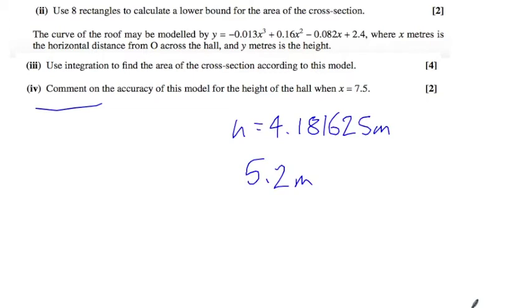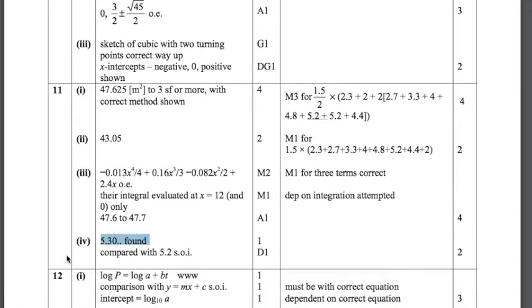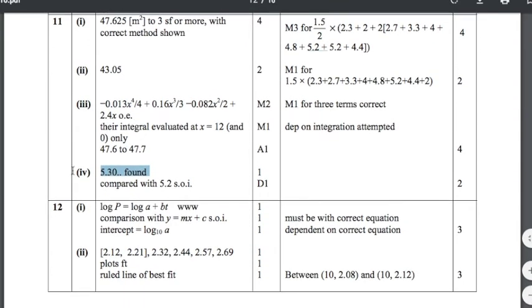Yeah, so all my 7.5s became 7s at one point. And if I hadn't done that, we would have got 5.30 to 3 significant figures. So I guess their estimate isn't actually as bad as I made out to start with. So all you need to do is a comparison with 5.2, say whether you think it's accurate or not.